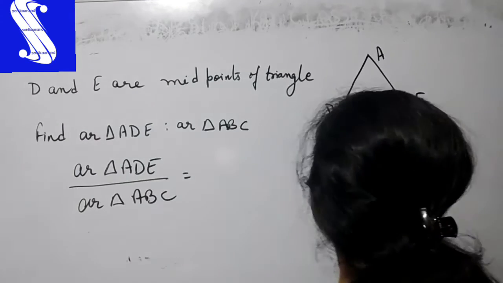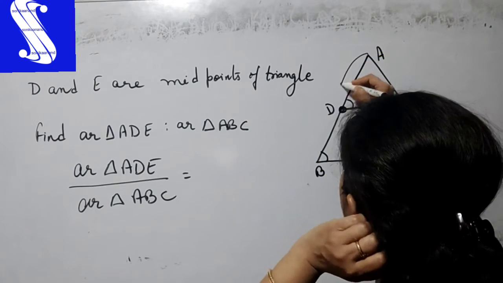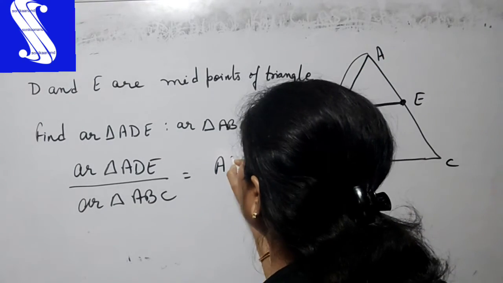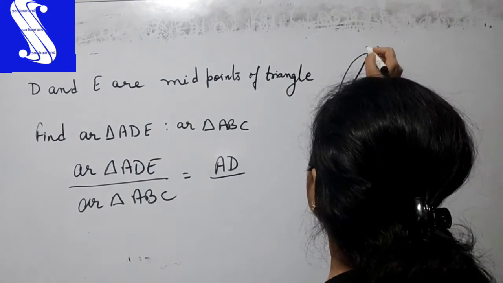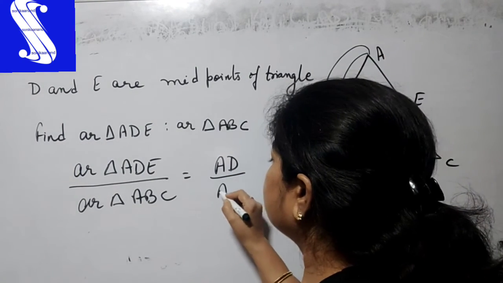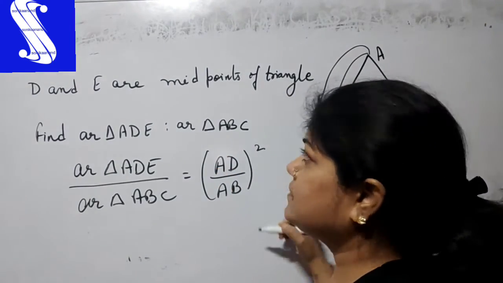For example, we consider this side AD of the smaller triangle, and of the bigger triangle we consider this side AB, and ratio of area is equal to the square of the sides.